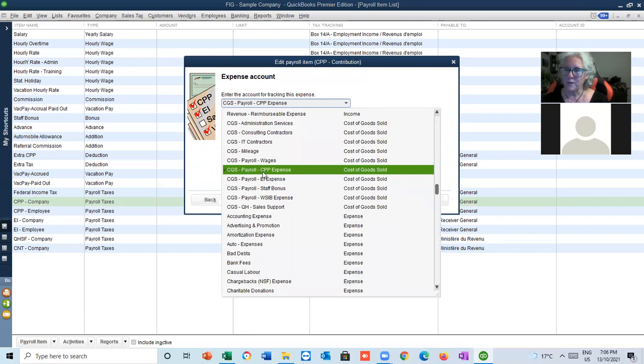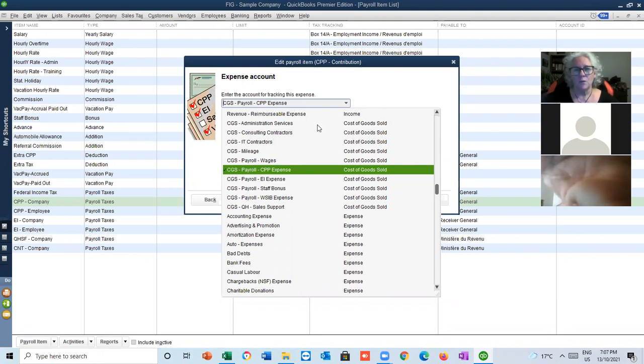So when I re-tag and separate from the generic payroll expenses, I've created new accounts, whether they're overhead or cost of goods, it doesn't matter. Then I can re-tag them to the right ones. In this way, I have more analysis at the end of the day when I want to see what my costs are when it comes to payroll.